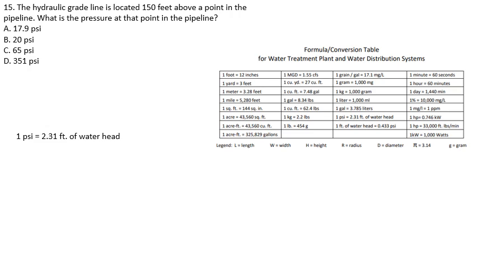So to get PSI from feet, 2.31 foot of water head is equal to 1 PSI, in the conversion sheet. So 150 feet divided by 2.31 is an answer of 65 PSI.